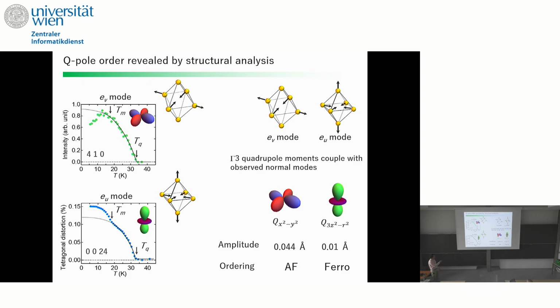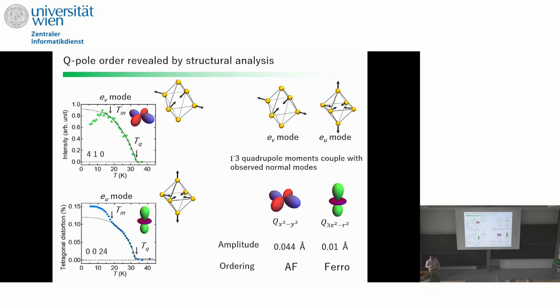So we can trace the development of distortion from this data. And also the elongation of the octahedron produces the cubic to tetragonal transition. The tetragonal distortion is directly connected to this mode. And by quantitative analysis, we obtain the amplitude of the quadrupole moment.